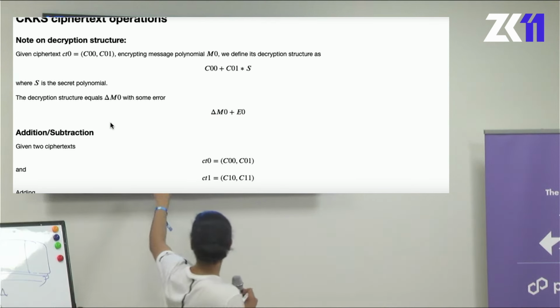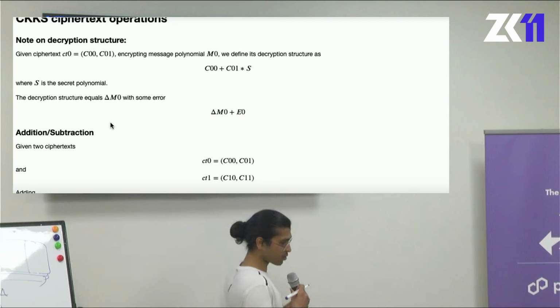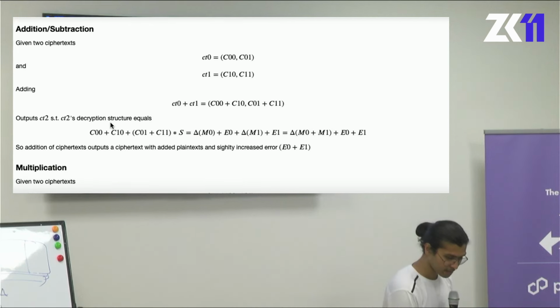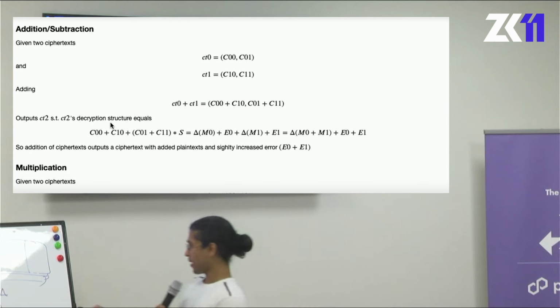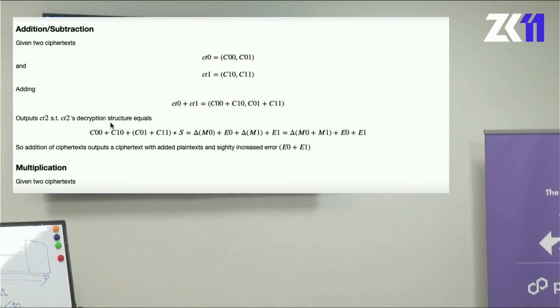So we got addition. Addition is a simple addition of these ciphertext components. For example, let's say there are two ciphertexts, ciphertext 0 and ciphertext 1. Let's say this is B0, A0, and this is B1, A1.